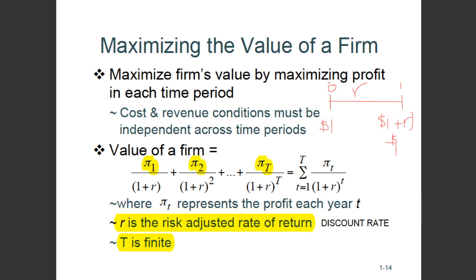So for every dollar I have now, next period I could have 1 plus R dollars if I was patient and invested it or saved it, whatever the R is. Or I invested it back in my firm, if this is from the firm perspective. For every dollar the firm has for investment back into the firm, there's a return on the investment of R.